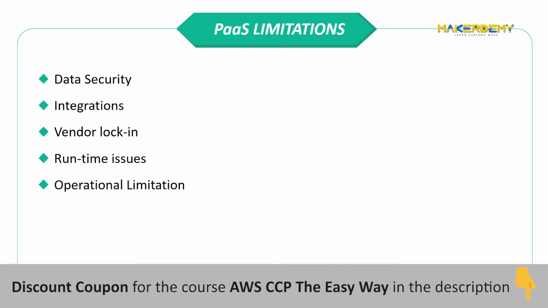PaaS solutions may not be optimized for the language and frameworks of your choice. Specific framework versions may not be available or perform optimally with the PaaS service. Operational limitation. Customized cloud operations with management automation workflows may not apply to PaaS solutions as the platform tends to limit operational capabilities for end users.